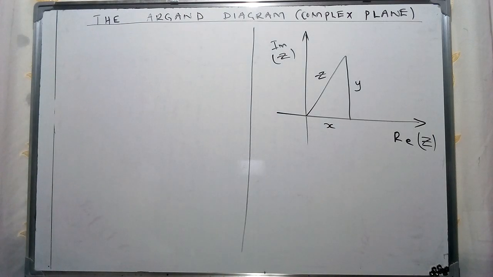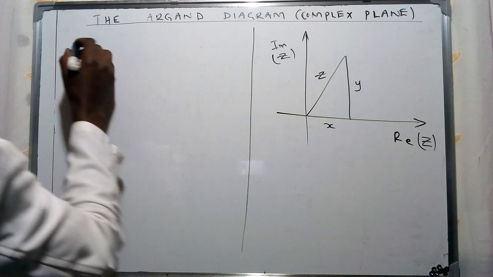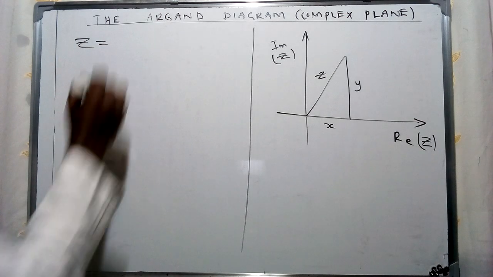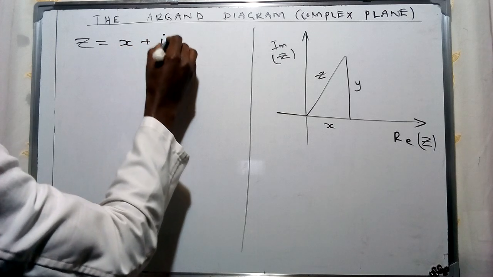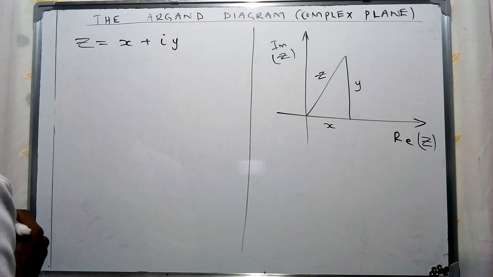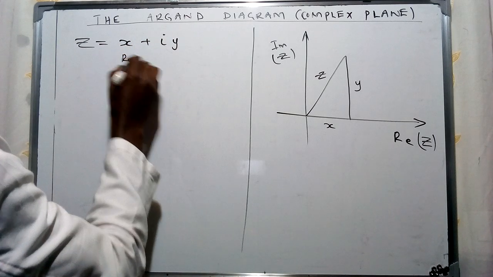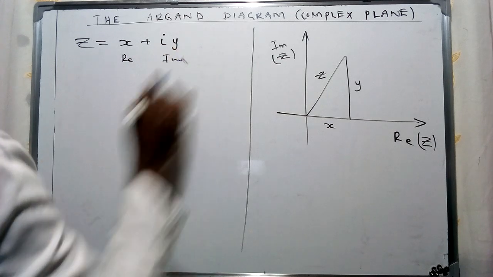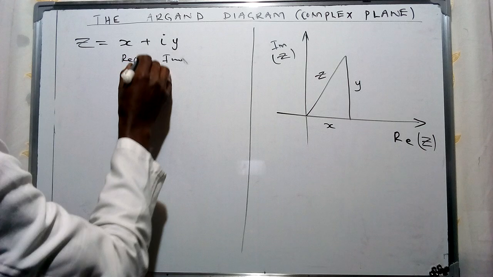In this discussion, I'm going to extend this representation of the phase of z, which in terms of a complex number gave us a set of real and imaginary components.